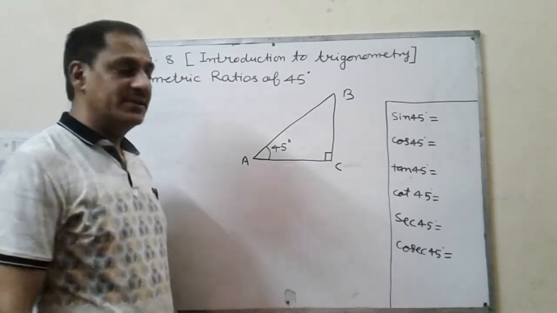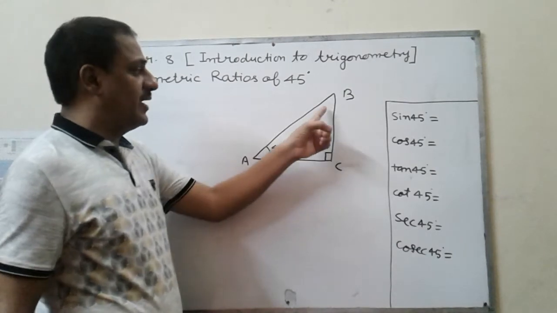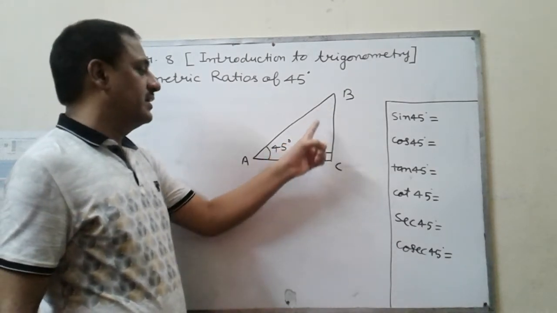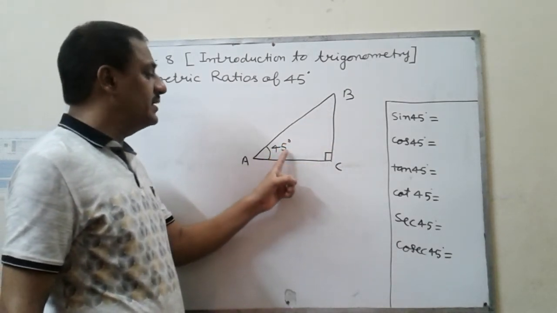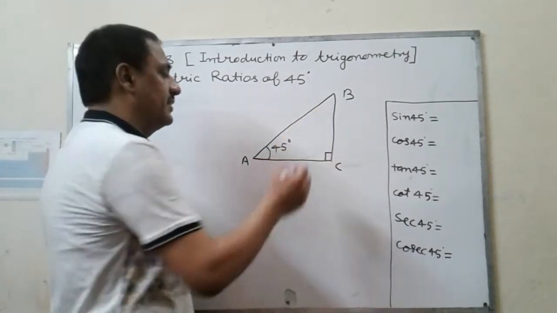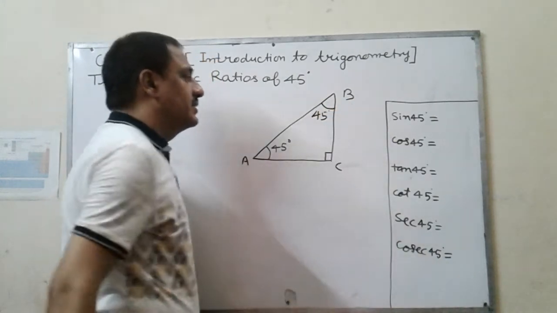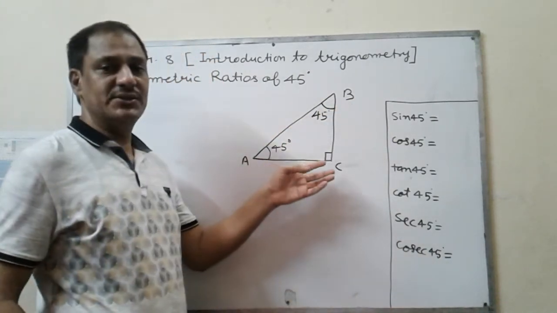Children, you know that if the value of this angle is 45 degree, what will be the value of this angle? This is 90 degree, this is 45 degree. The value of this angle will also be 45 degree. And you know that the sum of all the angles of a triangle is equal to 180 degree.